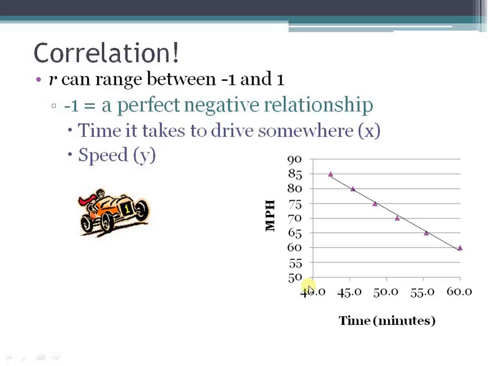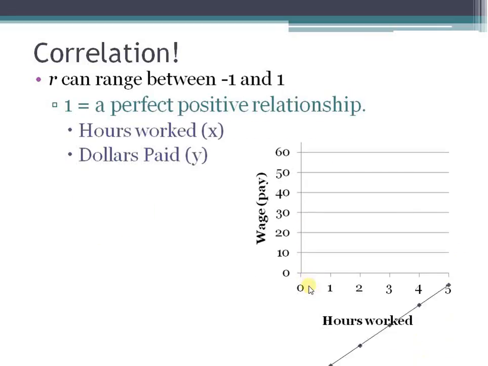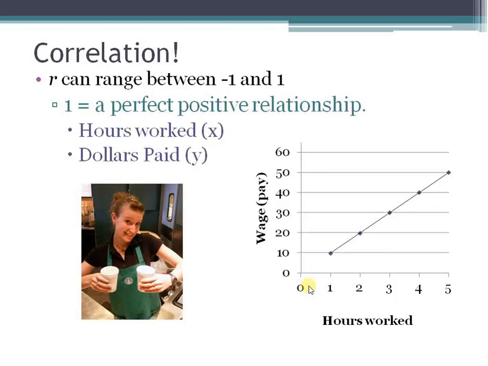Now, when a relationship is perfectly linear, that means all of the data points sit right on top of a straight line. So for example, an example of a perfect positive relationship would be the number of hours you work and the dollars you get paid. So if you work at Starbucks and you get paid $10 an hour, if you work 1 hour, you get paid $10, 2 hours, $20, 3 hours, $30, and so on.